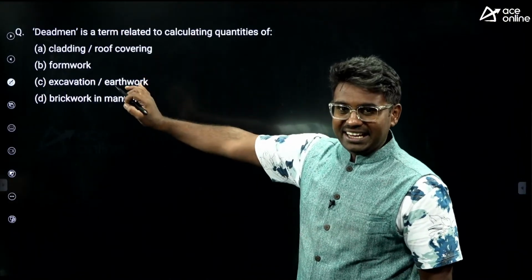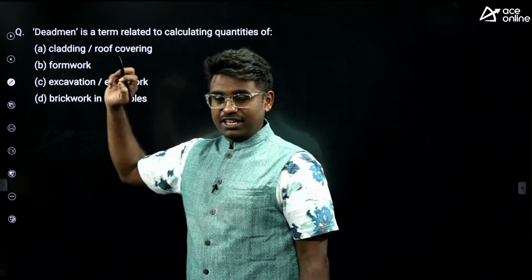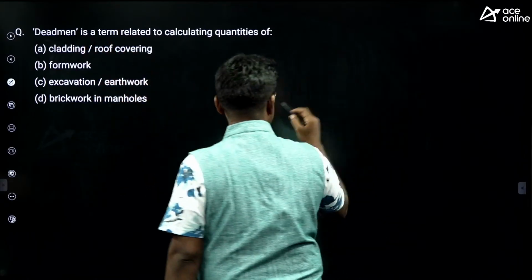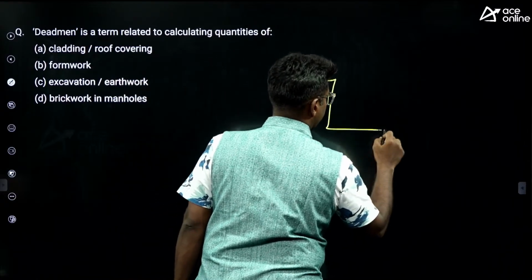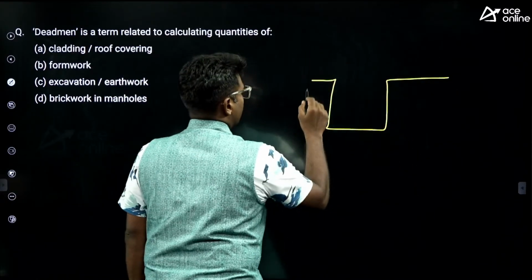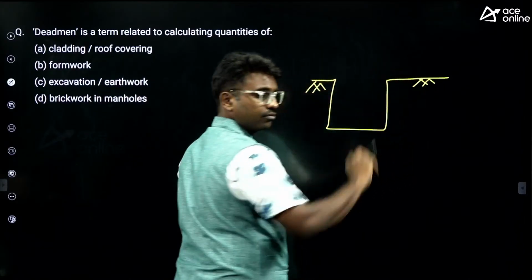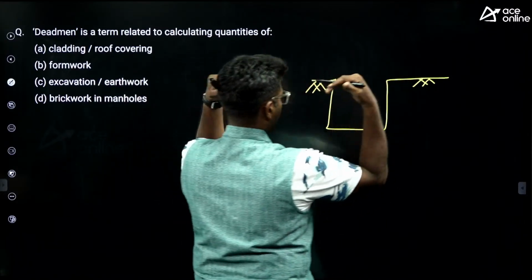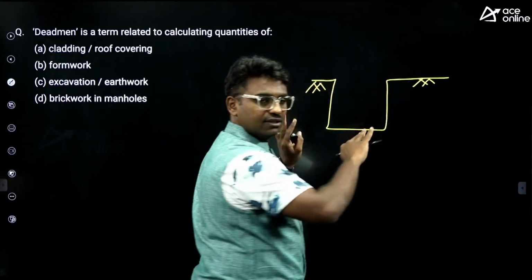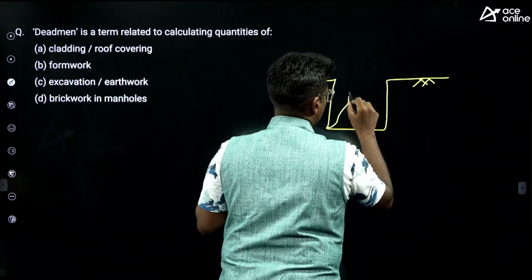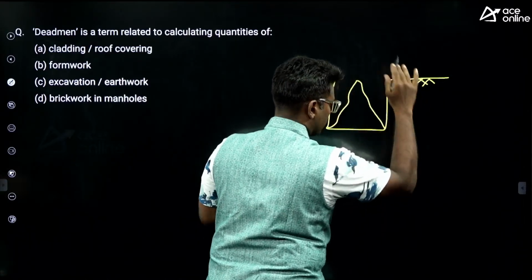Dead men, I have told you this if you see the videos. What are called as dead men? In trenches, okay, if you want to know the height of the trench, so over here people keep on moving on the sides, okay, excavators keep on moving. So instead of that, to know the height, the sides will be collapsed.